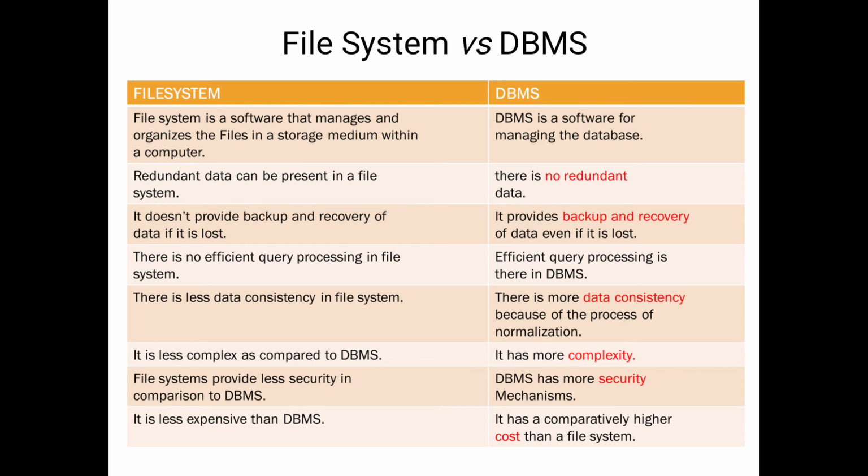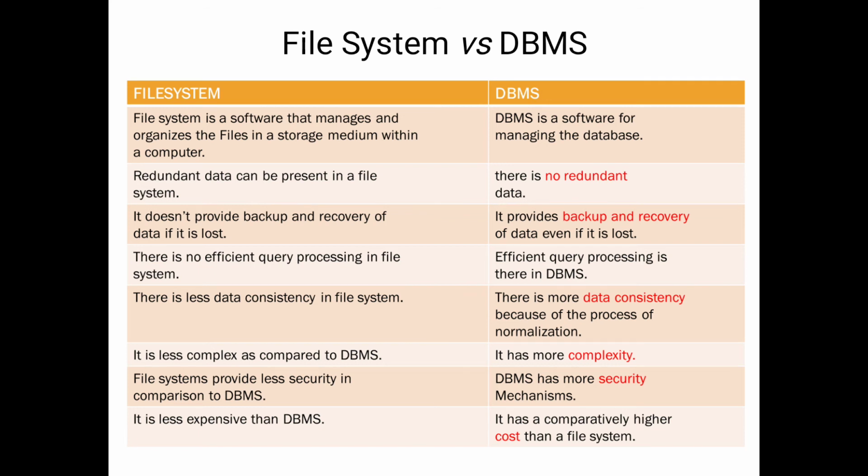So redundant data can be present in a file system, but no redundancy is there in the DBMS, because in the DBMS we are using normalization. That's why no redundancy problems occur. Coming to the third point, the file system does not provide backup and recovery of data if it is lost. In a file system we cannot back up the data. Whereas coming to the DBMS, here we have a facility for backup and recovery.